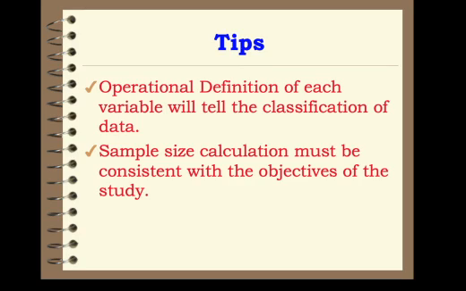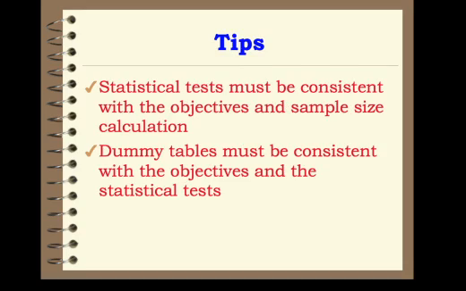From the operational definition of the independent and the dependent variables, we will be able to know what statistical test to use. And then sample size calculation must be consistent with the objectives of the study. The statistical test must be consistent with the objectives and the sample size calculation. And lastly, the dummy tables must be consistent with the objectives and the statistical tests.